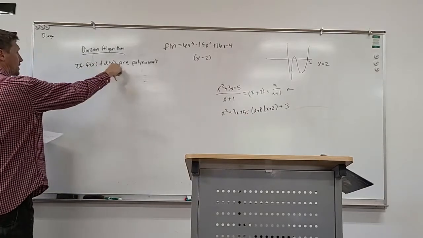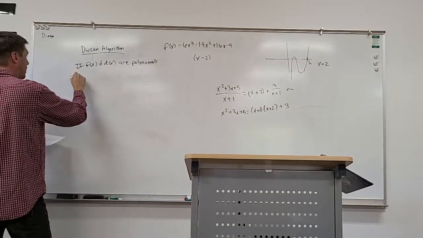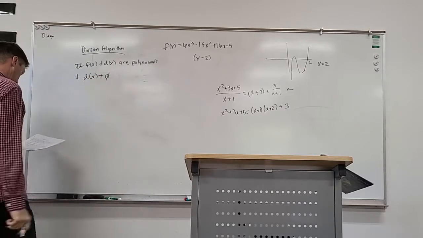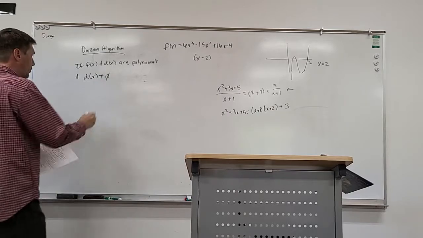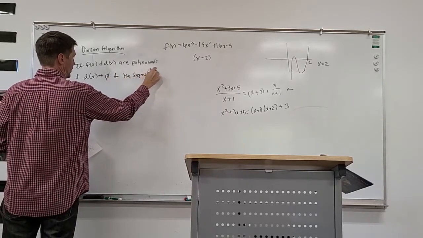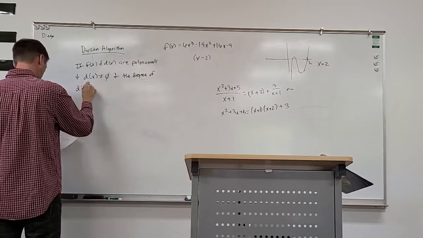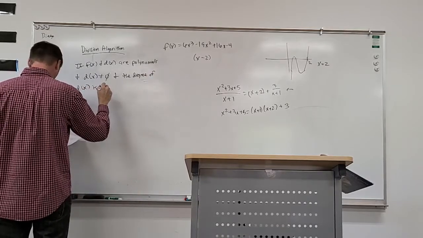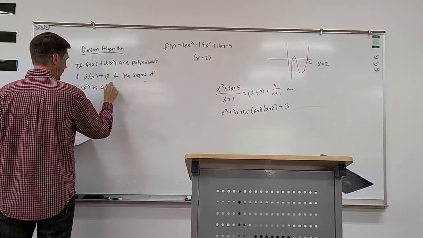So if f of x and d of x are polynomials and d of x does not equal 0, and the degree of d of x is less than or equal to the degree of f of x.